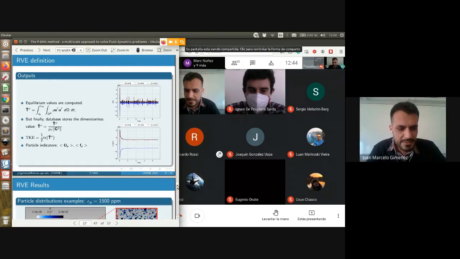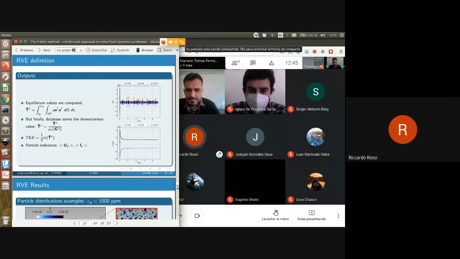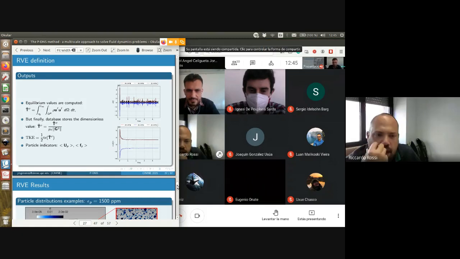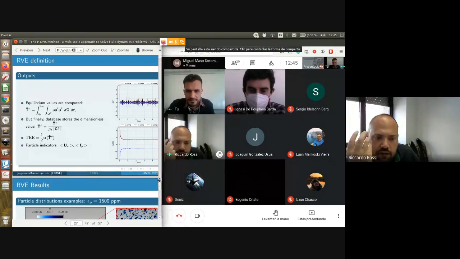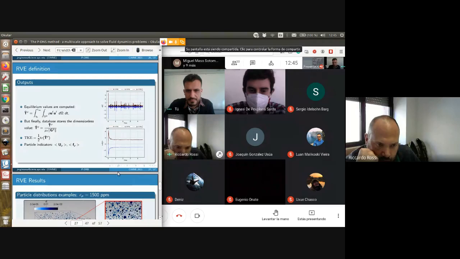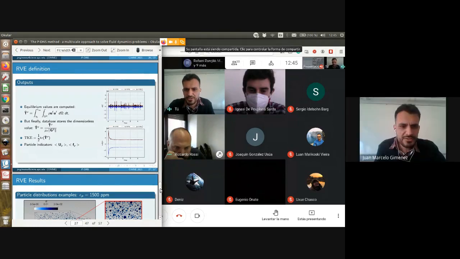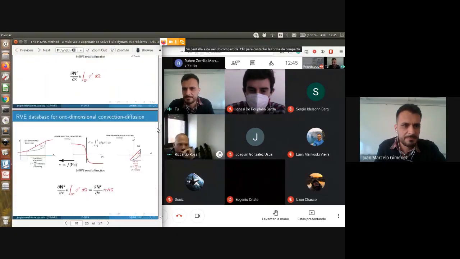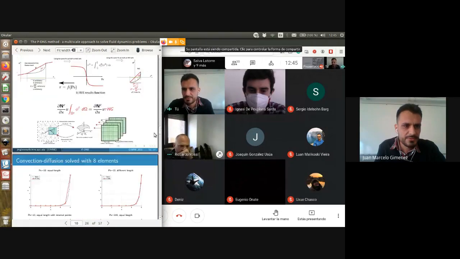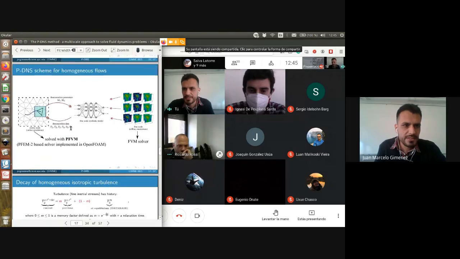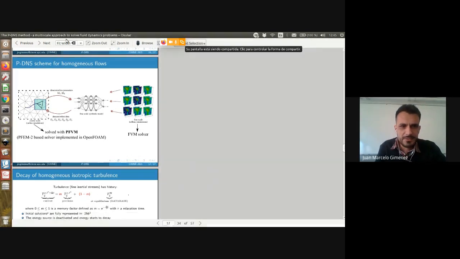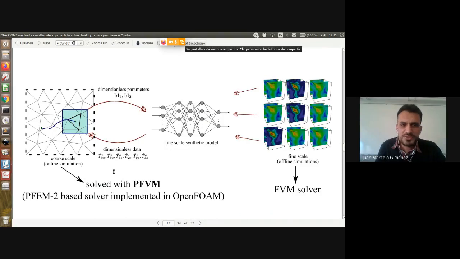What I'm asking is, at which point do you need the fluid solver to be Lagrangian? What do you need to use the PFEM for? No, it's not a requirement. I said that we are usually using a Lagrangian solver for the coarse scale, but it's not a requirement.